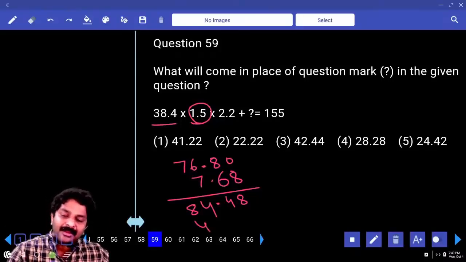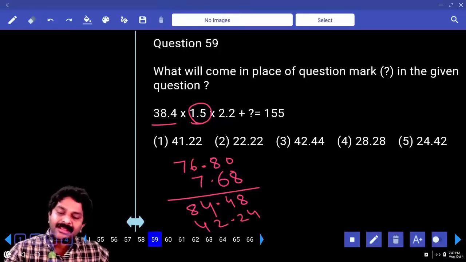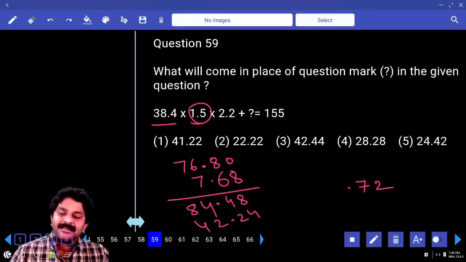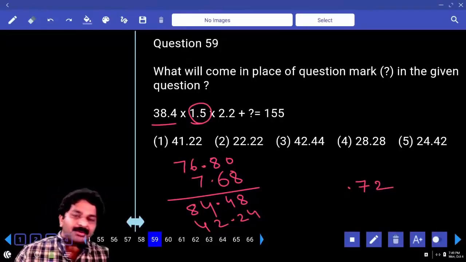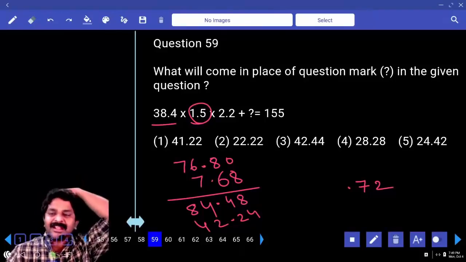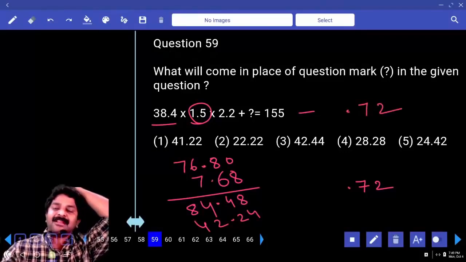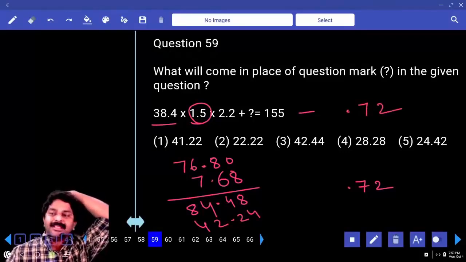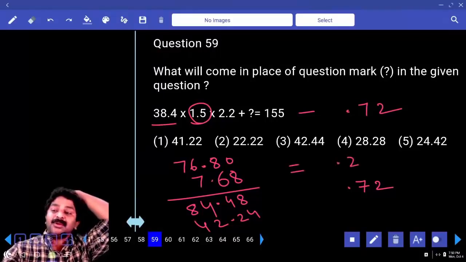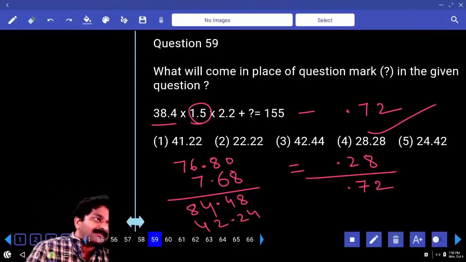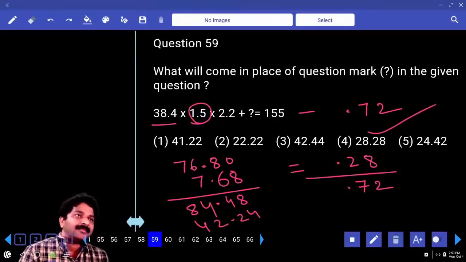Half of that number, 42.24. Now what is this number? Right hand side number 0.72 we have. Am I right? After decimal 0.72. Before that there is some number, I don't want to take that. If you take this number to right hand side, from 155 you have to subtract a number which is ending with 0.72 only. That means answer must end with 0.28. How many options are there? Only one. 28.28 final. Is this clear?